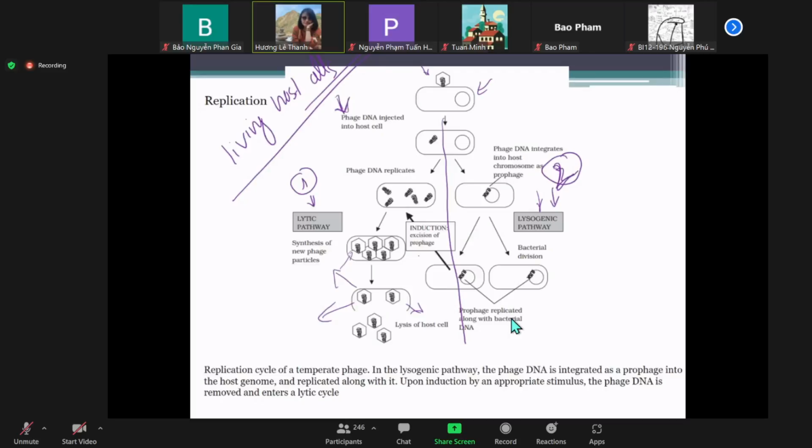When the cell gets stressed by some effect from the environment, the genes from the virus activate, and they start back into the lytic pathway.